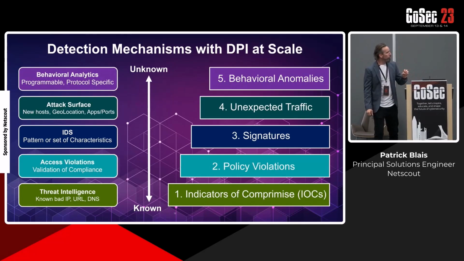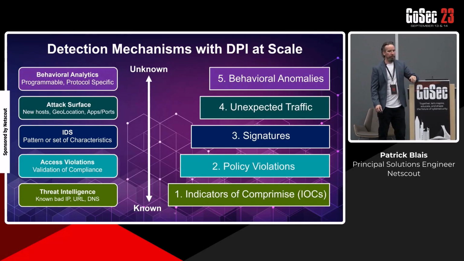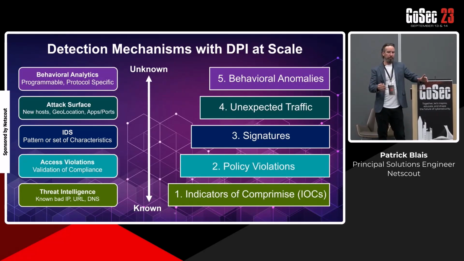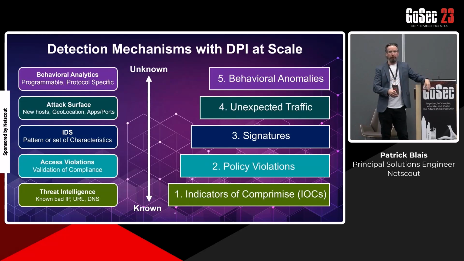Okay. So we talked about this mechanism for helping with threat hunting. Another thing that DPI at scale is really good at is detection, and then we'll talk about investigation in just a second. But for detection, what I've been hearing the most lately is concerns around the unknown, right?